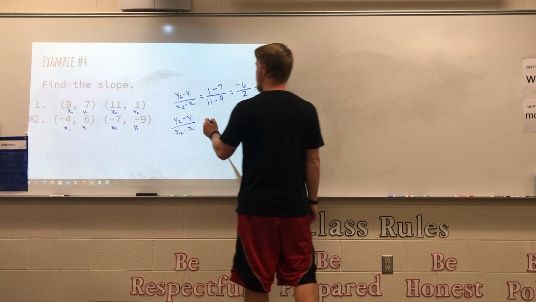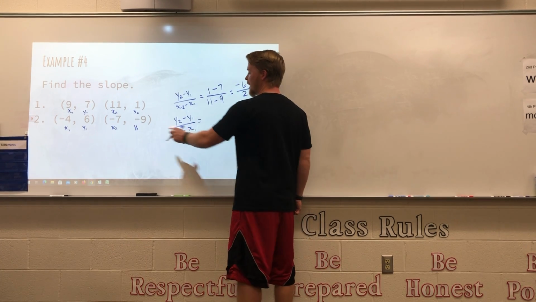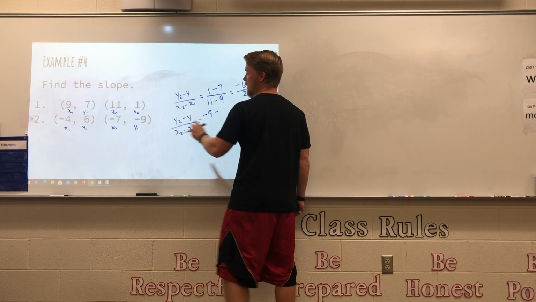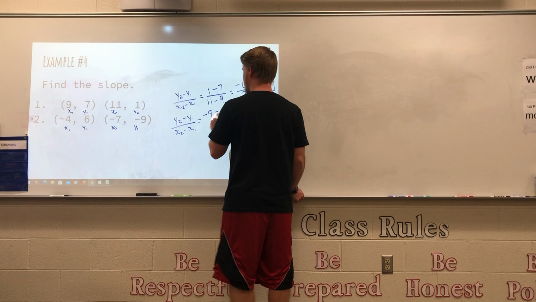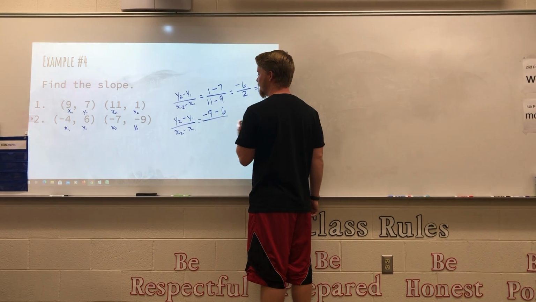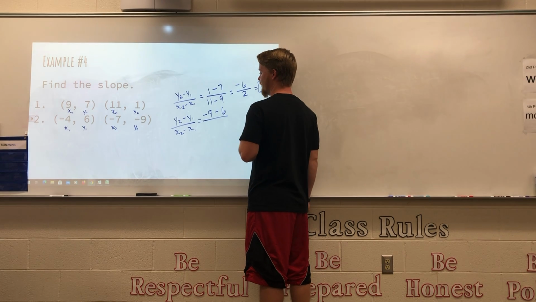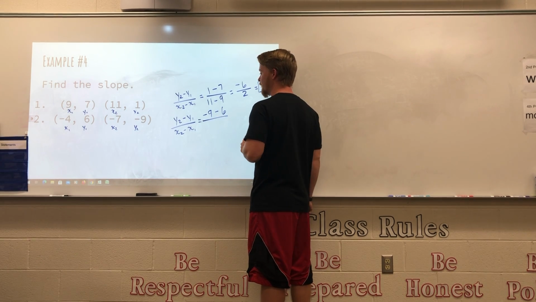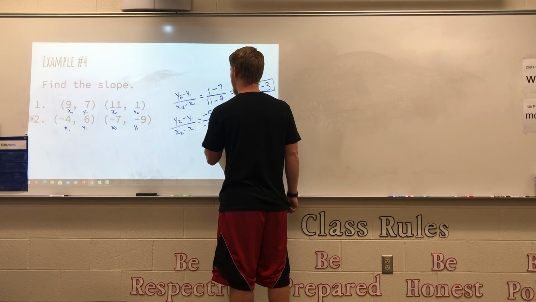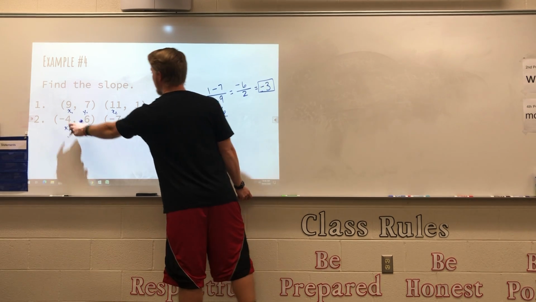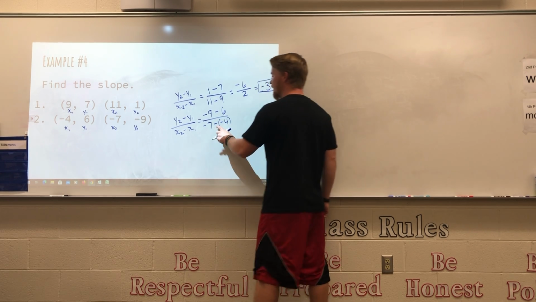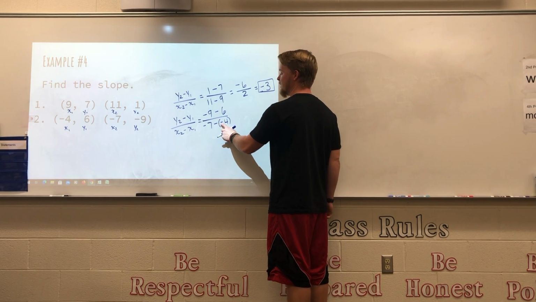Then we're going to plug in to our slope formula. y2 is negative 9 minus y1 is 6. Again, you have to make sure you bring that minus sign. The reason is students get that confused and sometimes drop it whenever there's a bunch of negatives involved. x2, negative 7, minus x1, negative 4. So this is a prime example of when students will drop it. They'll just put minus 4, but it's minus negative 4.